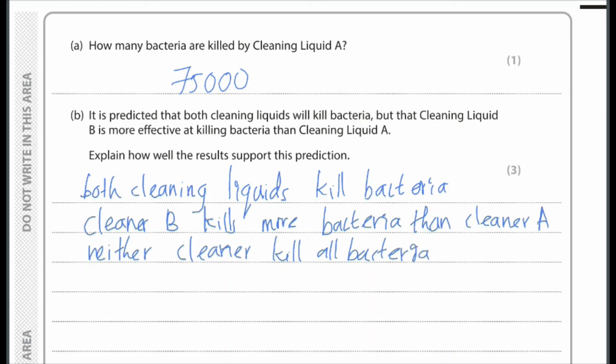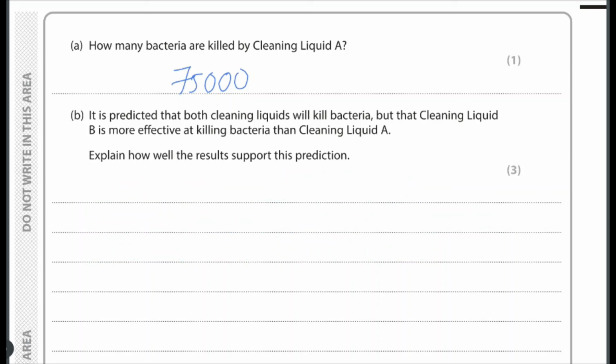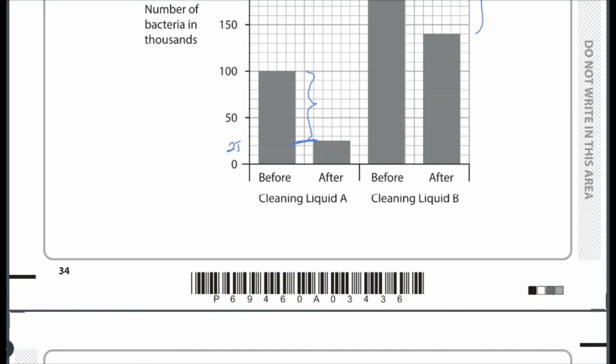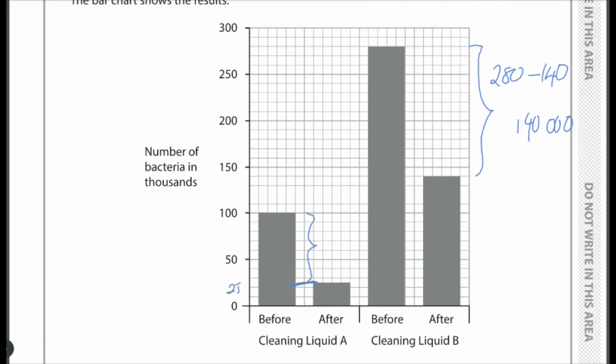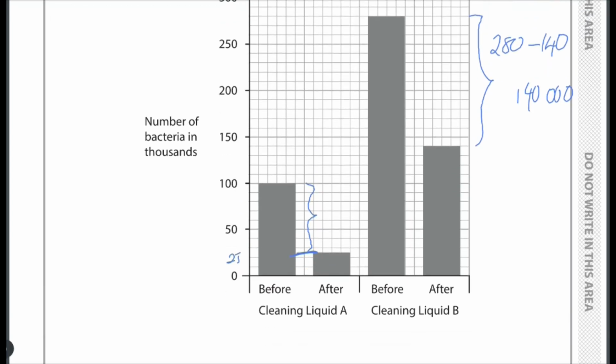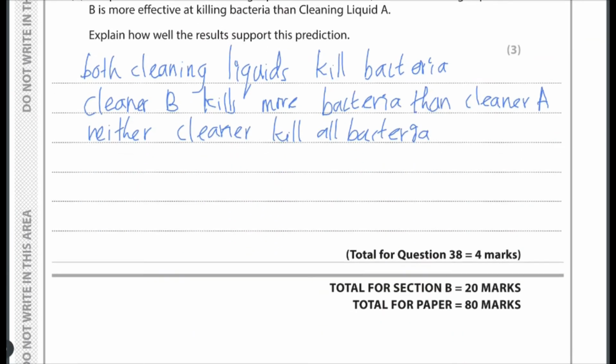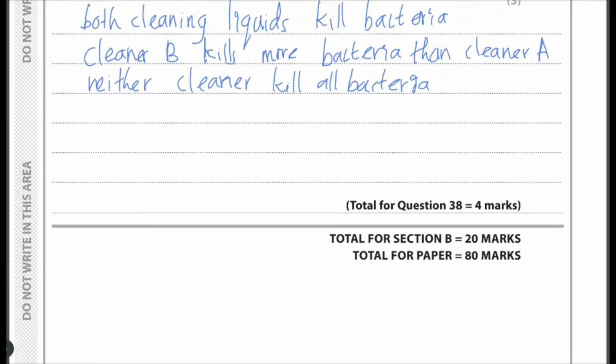And we can say cleaner A kills 75% of the bacteria, but cleaner B kills only around 50% of it. Or you can talk with the amounts as well. Initially here it is 100 and it goes down to 25, so that means 75% is dead. And here it is 280, it decreased to 140,000, which means only 50% decreased.